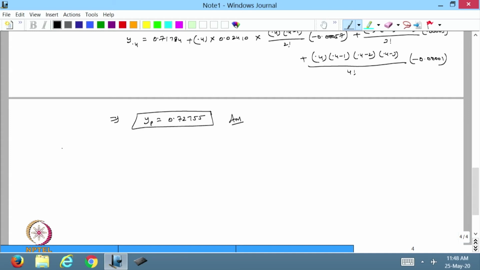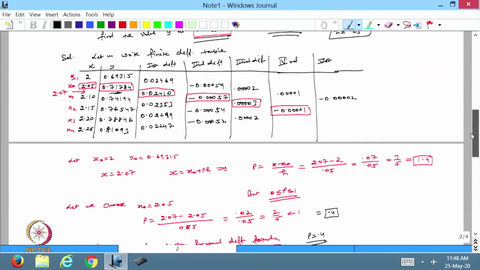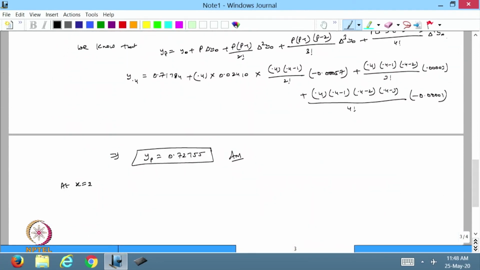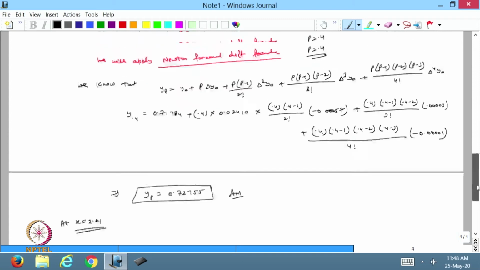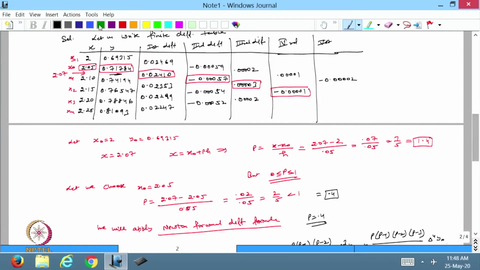Now, the next case at x is equal to 2.21. So, in this case 2.21 is lying here. Now, if I choose the 2.21 here and apply the Newton forward, so in that case it might happen that I will choose this as my x naught, and this will be my y naught, and this will be the first finite difference del y naught, and that is it.